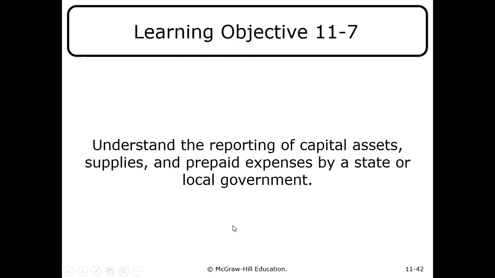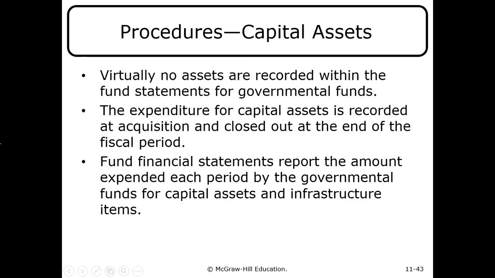Now, how do we report capital assets, supplies, and prepaid expenses, which is different than what we do in for-profit companies? Virtually no assets are recorded within the fund statements for governmental funds. So when we do a fund financial statement, you didn't see any long-term assets on that balance sheet.